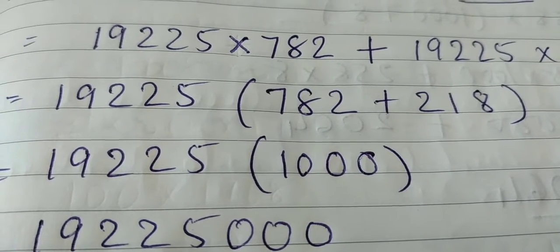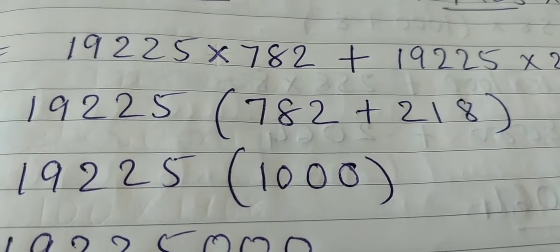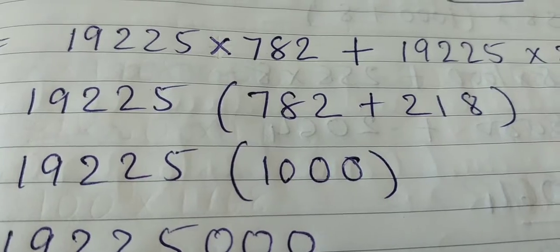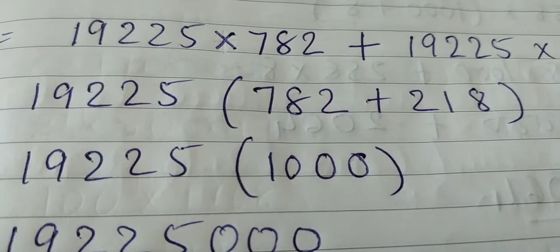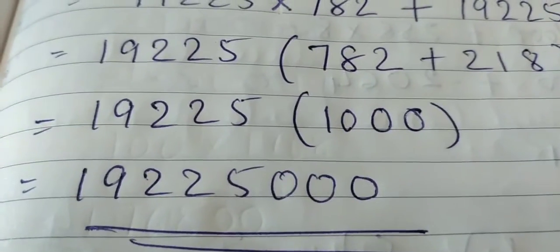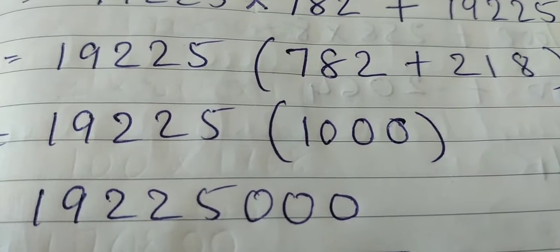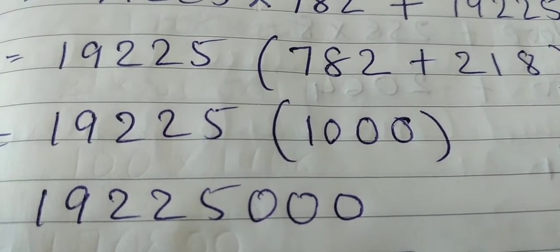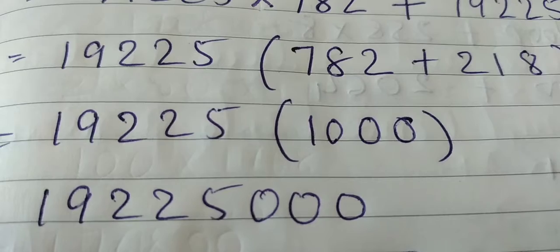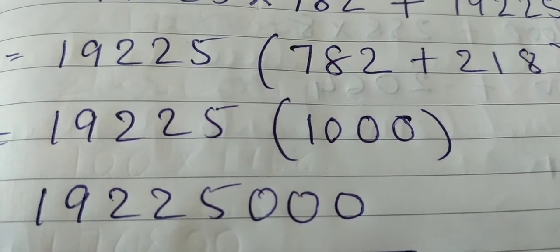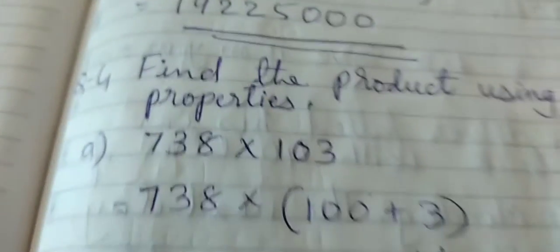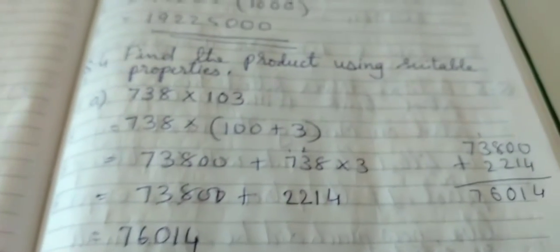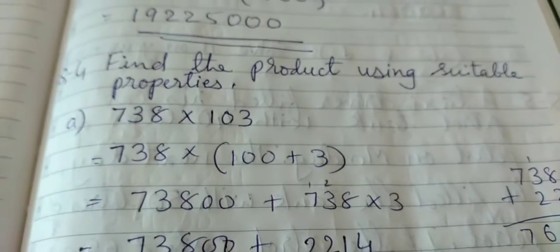Inside remains 782 plus 218. On adding, I get 1,000, and 1,000 multiplied with 19,225 gives 1,92,25,000. Let's move on to the next question.